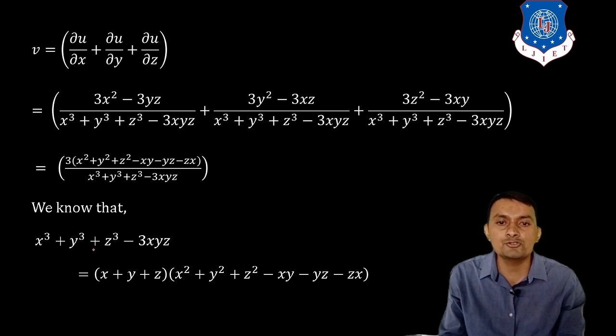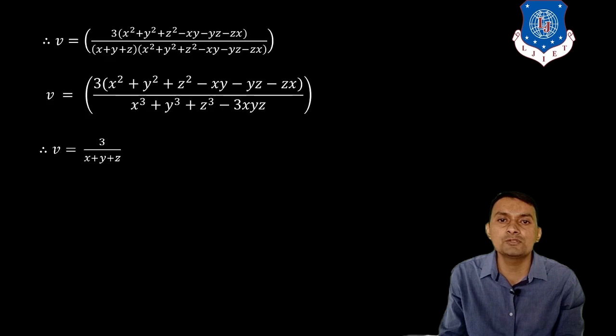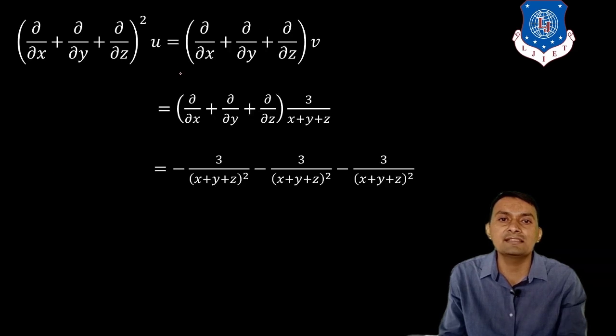If we put this formula here, so x plus y plus z into something, you can observe that the common factor will cancel out, and you will get 3 divided by x plus y plus z.